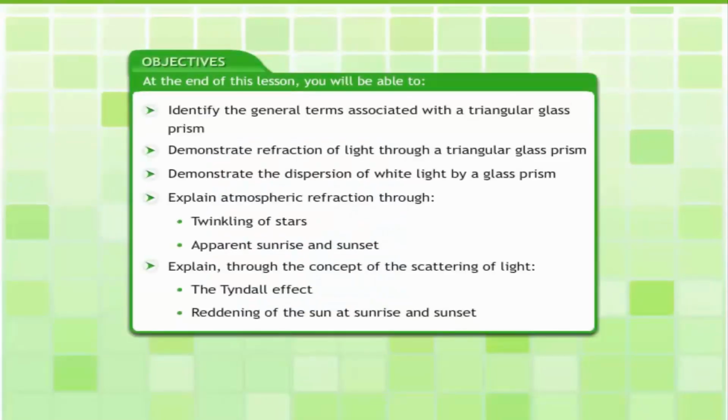At the end of this lesson, you will be able to identify the general terms associated with a triangular glass prism, demonstrate refraction of light through a triangular glass prism, demonstrate the dispersion of white light by a glass prism, explain atmospheric refraction through twinkling of stars, apparent sunrise and sunset, explain through the concept of the scattering of light, the Tyndall Effect, and reddening of the sun at sunrise and sunset.